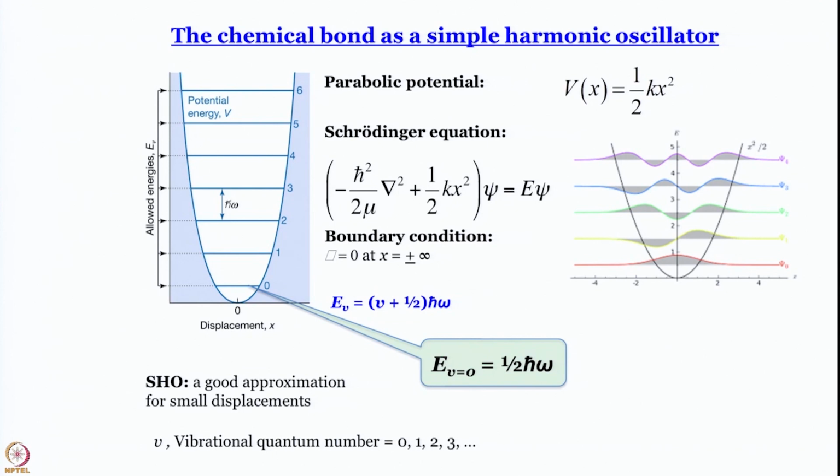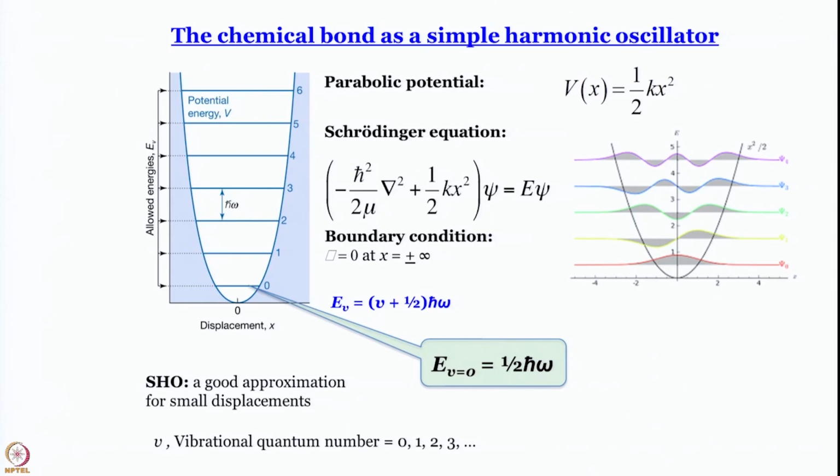And what is the uncertainty in momentum? That also is 0 because it is not vibrating anymore. So, delta p equal to 0 and delta x equal to 0 is not allowed. It is not allowed because of the uncertainty principle. That is why a quantum harmonic oscillator can never be at rest, zero point energy is there.